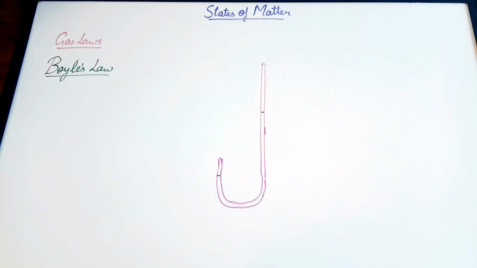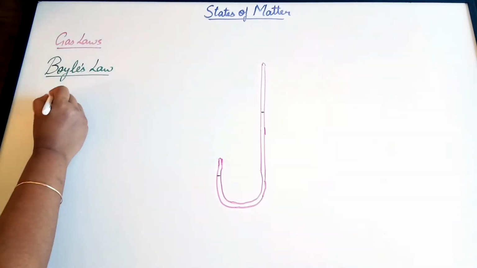Boyle's law was given by Robert Boyle in the year 1662. According to this law, I'm not going to talk about the law itself right now, but first of all, you have two variables and two constants.